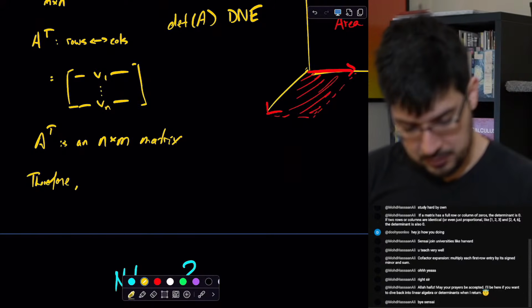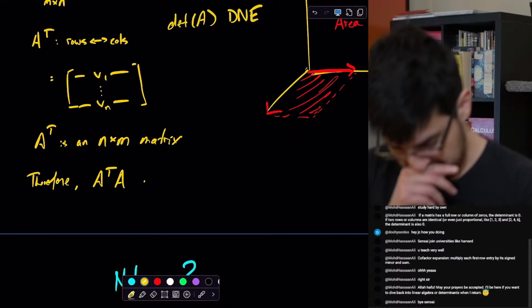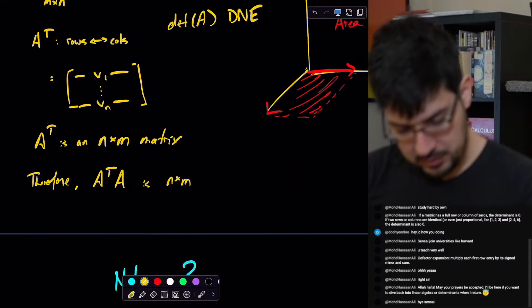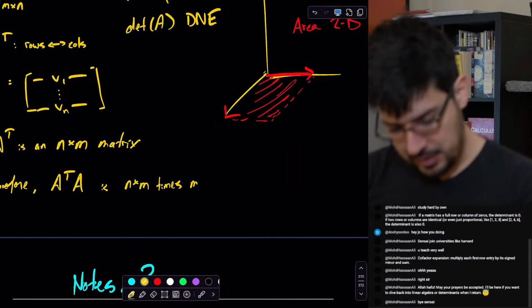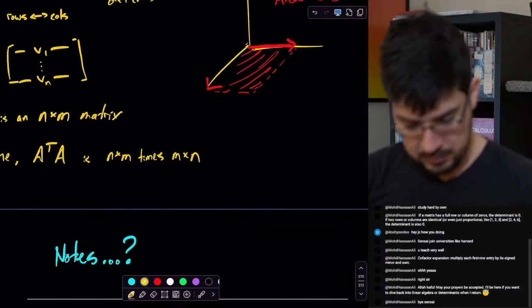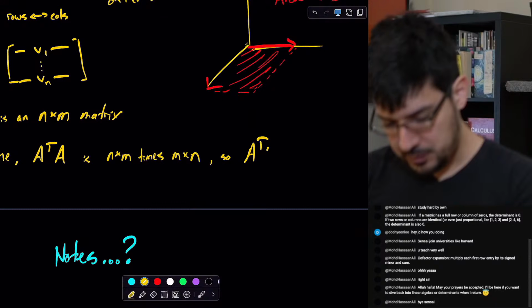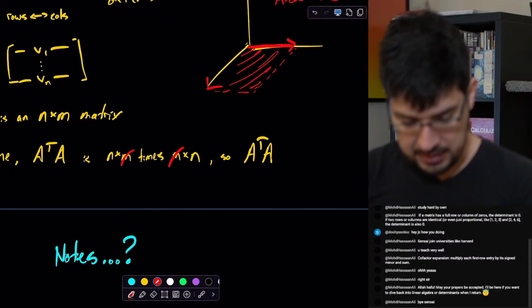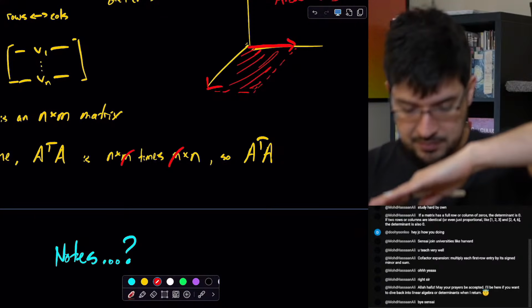Therefore, A transpose times A is n by m times m by n. I remember this by the number of columns of the first needing to match the number of rows of the second.